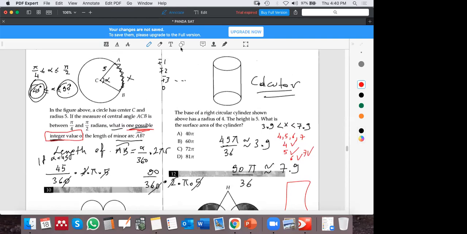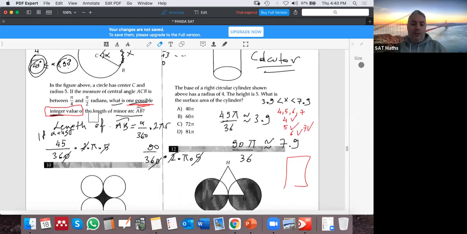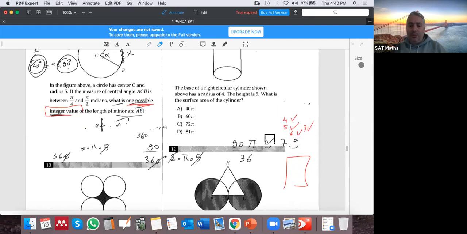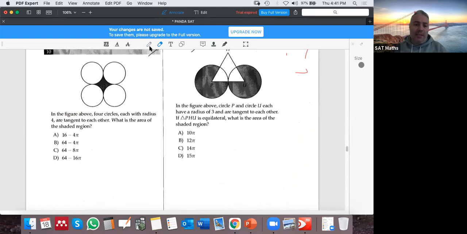Yes, sir. Come on. So let's talk about the other question, question number 10. In the figure above, the 4 circles each have radius 4. Directly let me draw the radius.